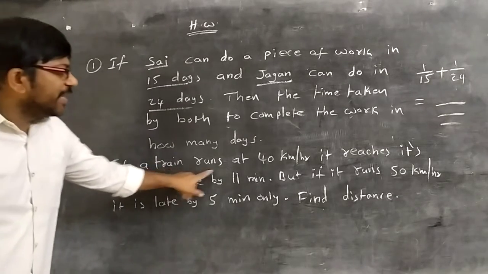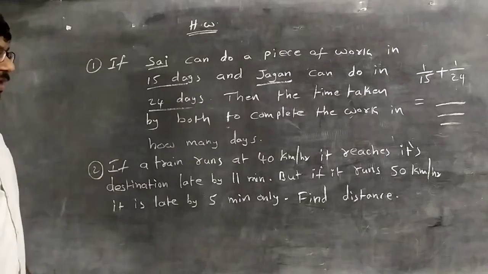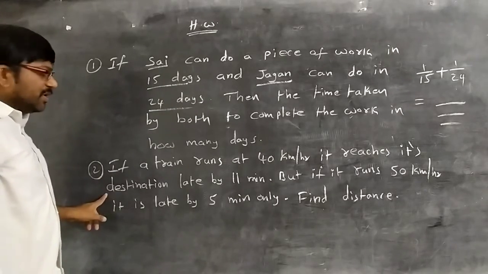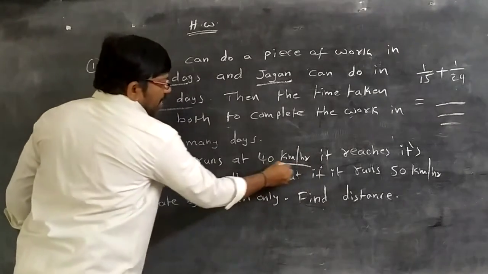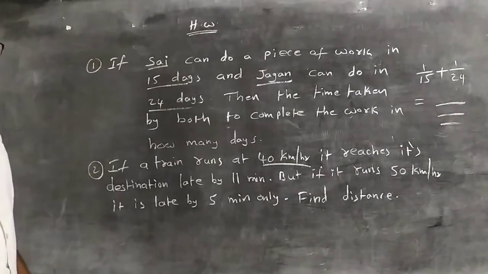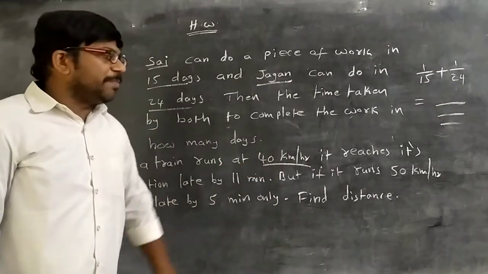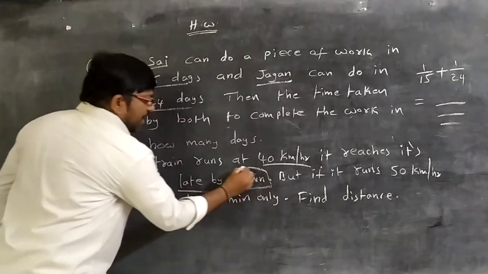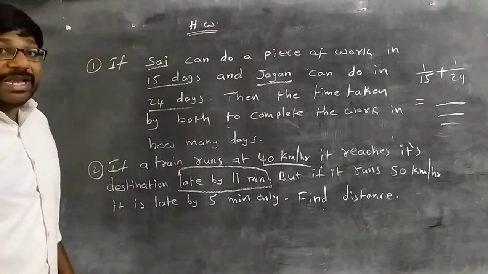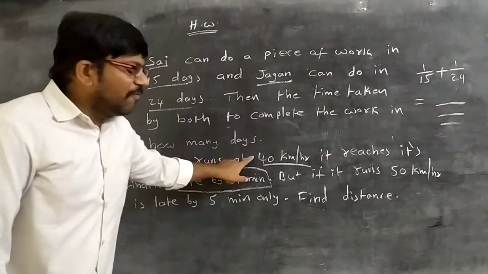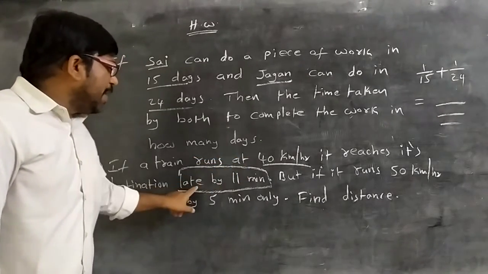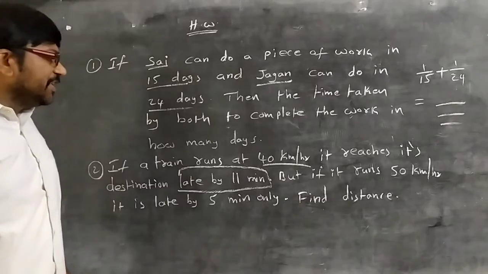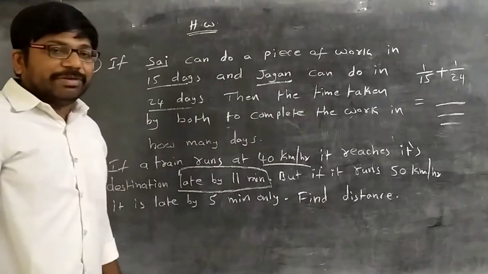If a train runs at 40 km per hour, it reaches its destination late by 11 minutes.